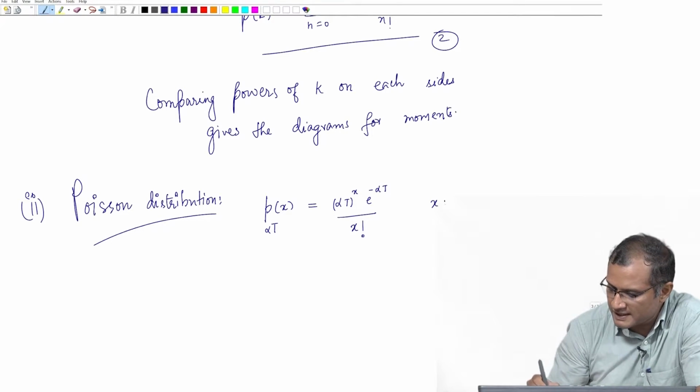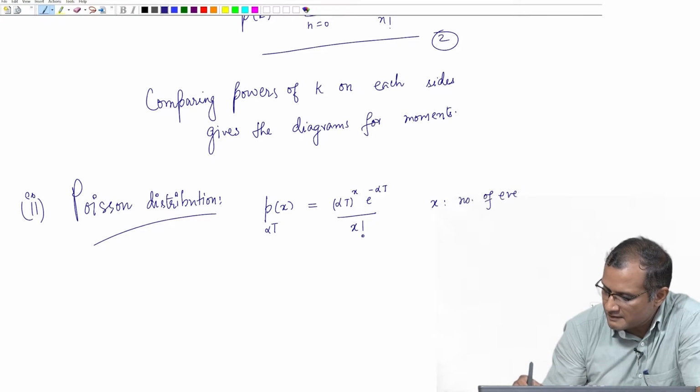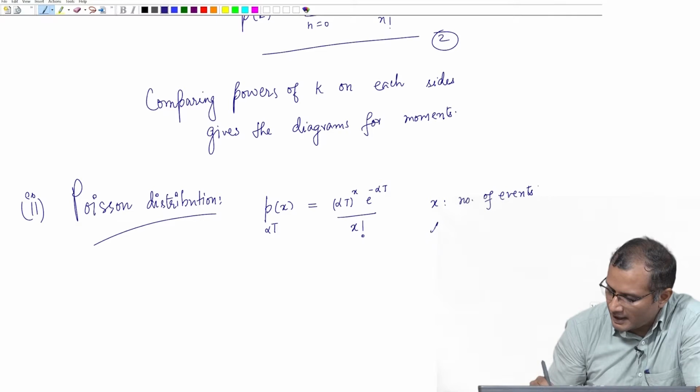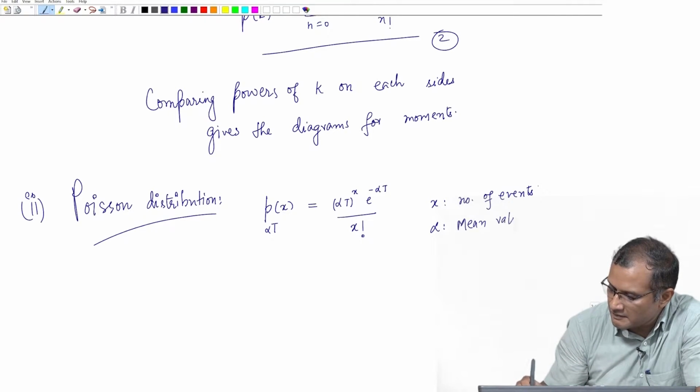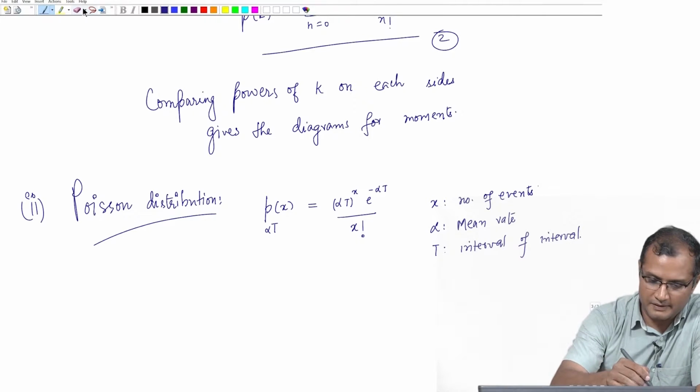Here alpha t is to be seen as a mean number, because alpha is the mean rate and t is the waiting time. So x is the number of events, alpha is the mean rate, and t is your interval of interest.